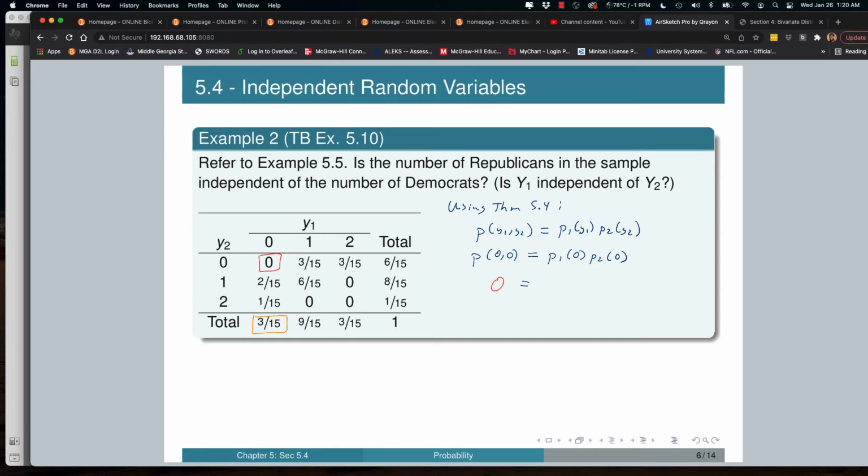Then for p sub 2 of 0, the marginal probability when y sub 2 equals 0, I'm looking at this row and taking the total there, and that's 6 over 15. Those are definitely not going to multiply to give me 0, right? So therefore, we can say that 0 does not equal that, and thus y sub 1 and y sub 2 are dependent.